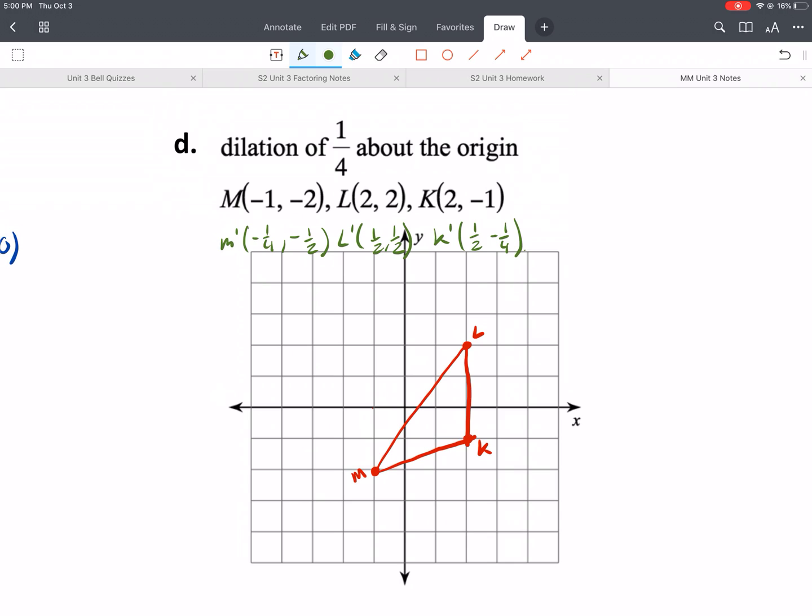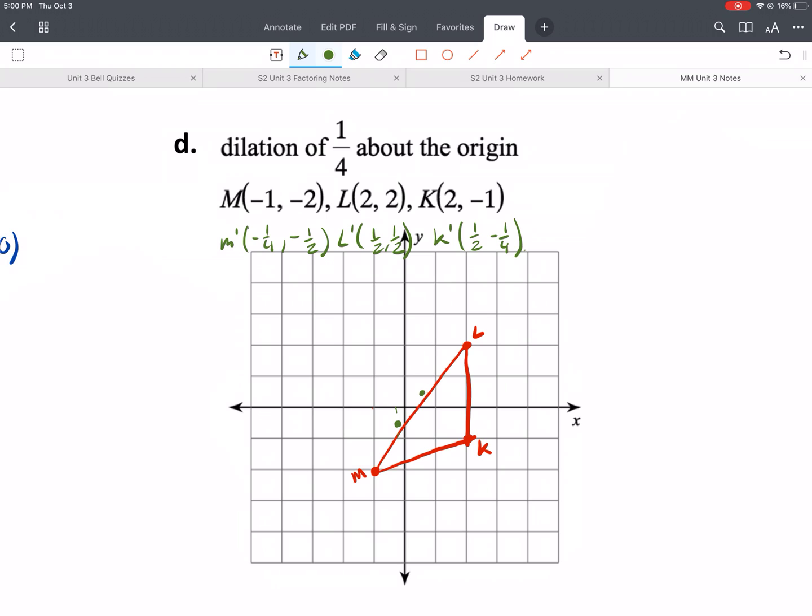Okay? So let's do that. -1/4, -1/2, which would be maybe about here. 1/2, 1/2 would be like here.